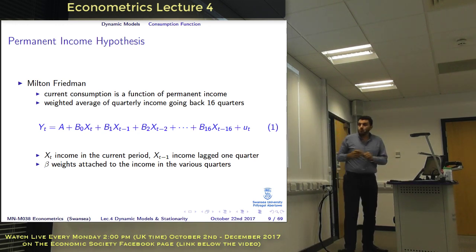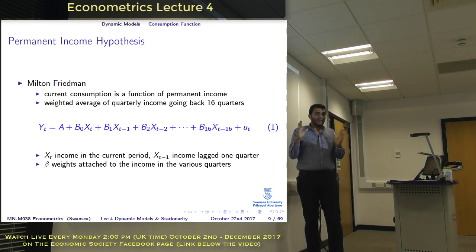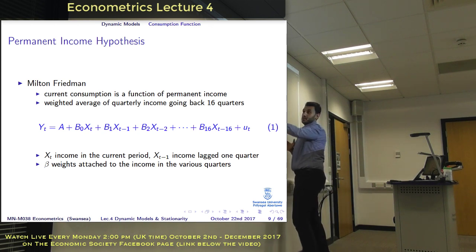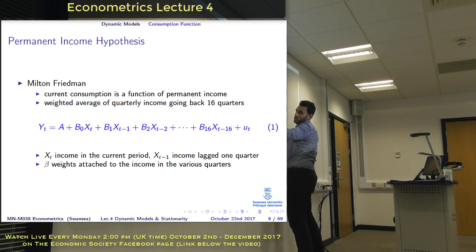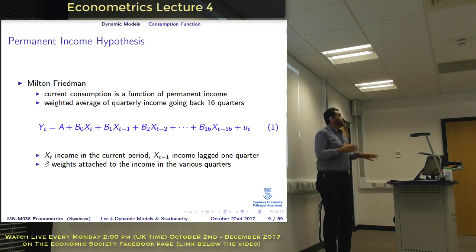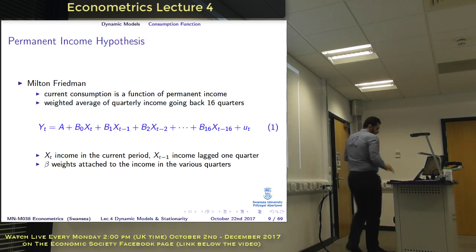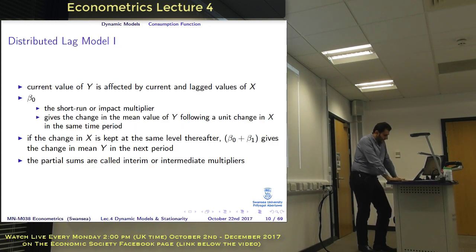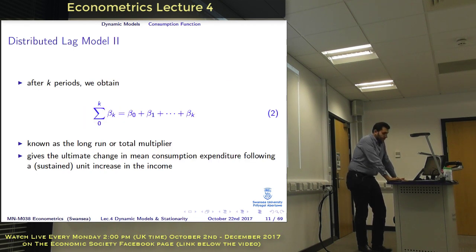If you think of these all as intermediate impacts of income on consumption expenditure, then you need to sum up beta 1 up to beta 15. That's what we call the intermediate impact, or intermediate multiplier. Okay, so this is the main idea.